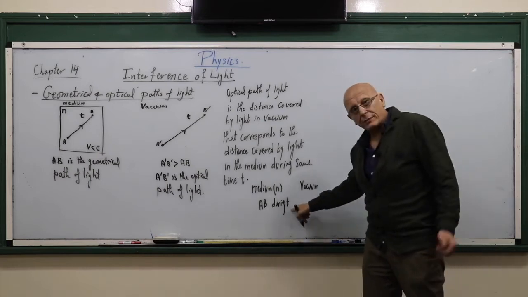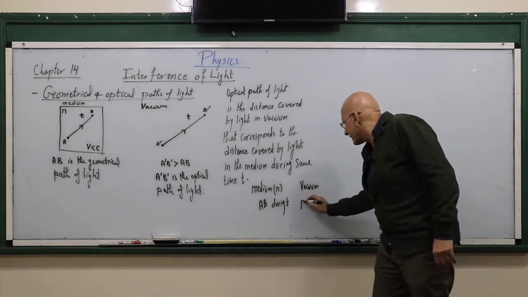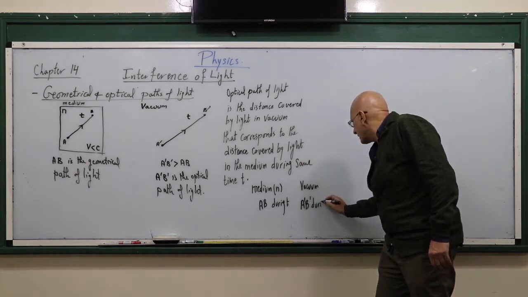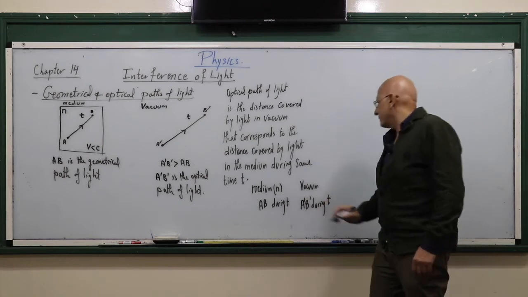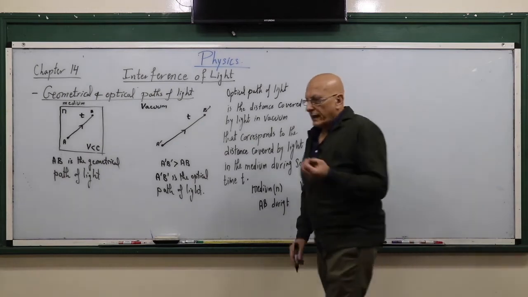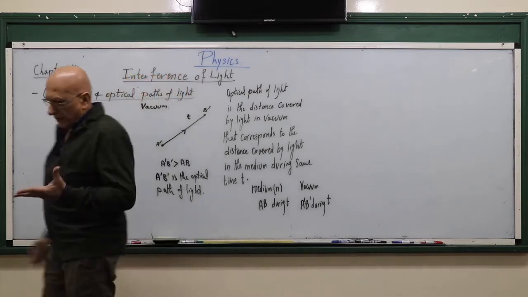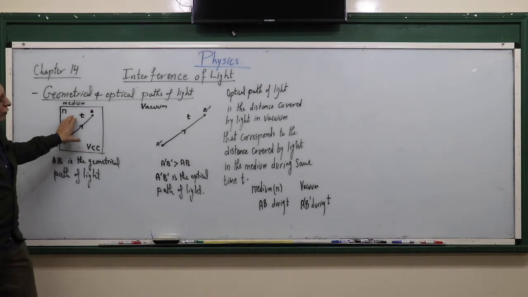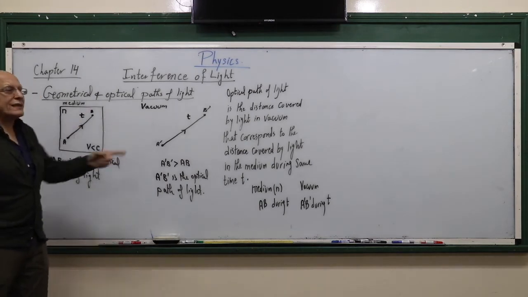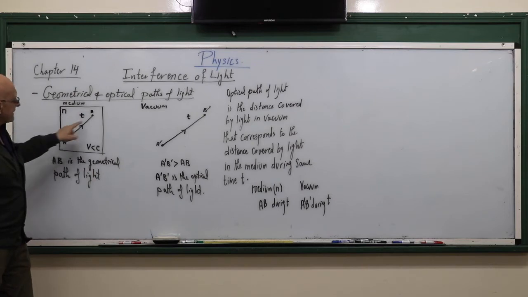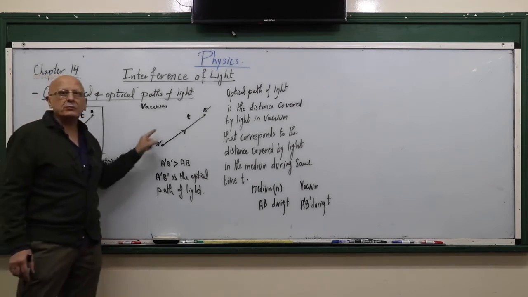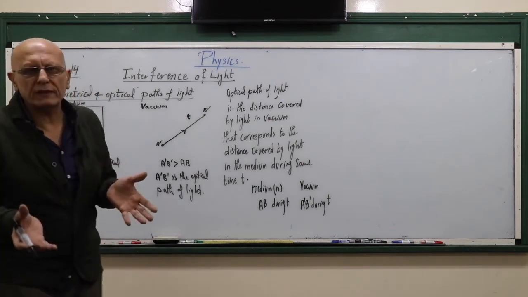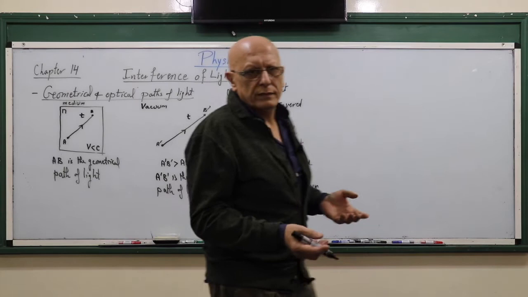At the same time t, in vacuum, it covers distance A prime B prime. What does this mean? This means I can change the medium to vacuum by replacing distance AB by distance A prime B prime. And if I do this, nothing changes in the problem.